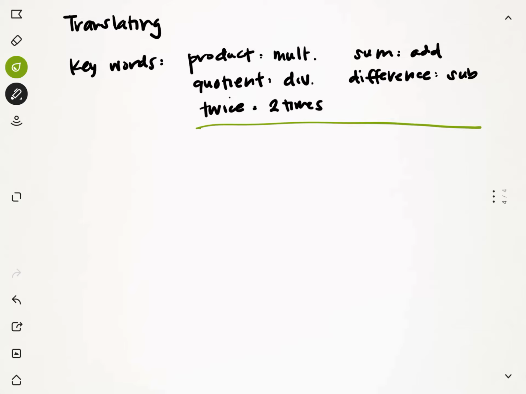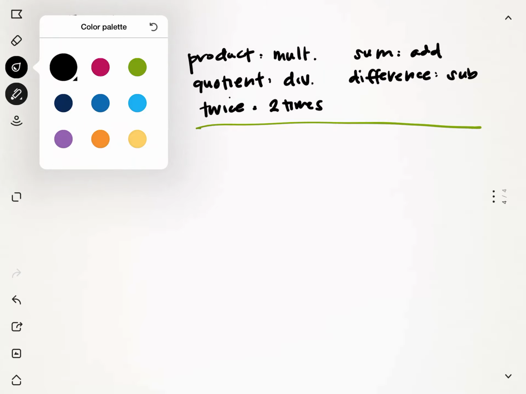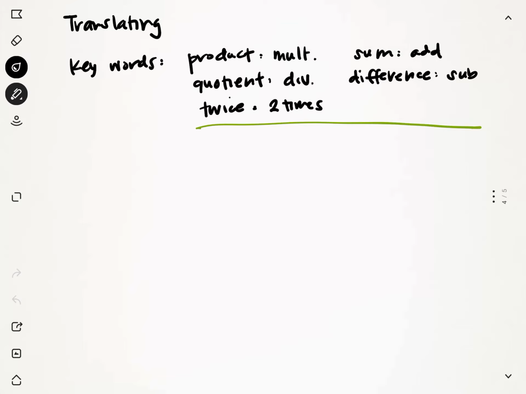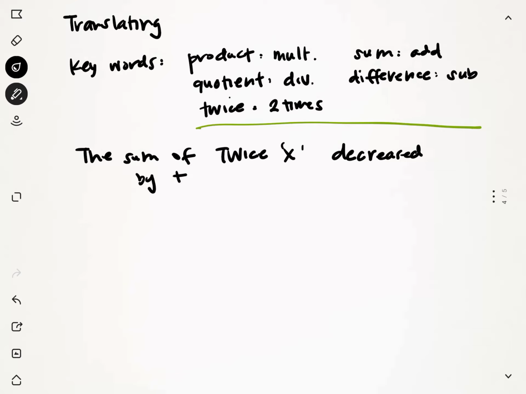So let's say we have a phrase saying the sum of twice x decreased by 3.